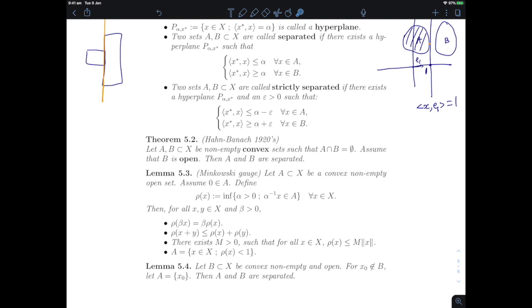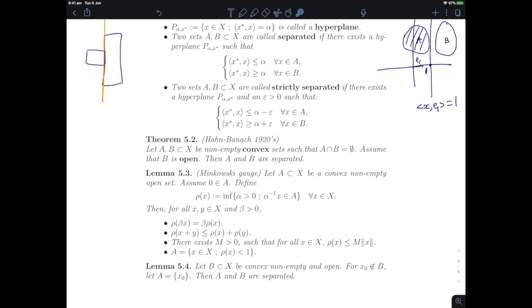We'll separate not just two convex sets, one of them being open, we'll separate an open convex non-empty set from just a single point. All right, so that would be a simpler version of theorem 5.2, and then from that ability to separate one point from a non-empty open convex set, we will prove the general statement. Okay, so let's see how that works.